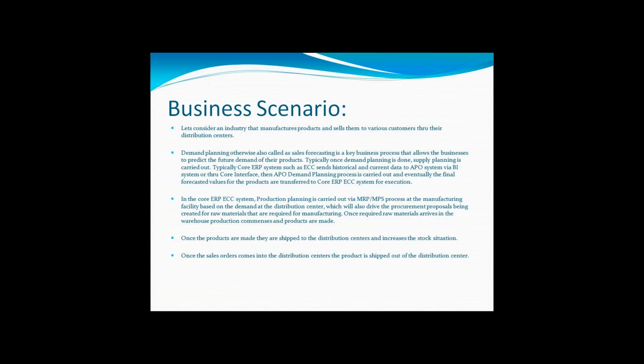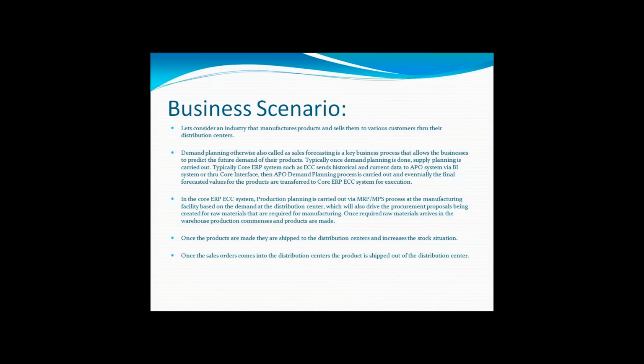So let's take a business scenario here. Let's consider an industry that manufactures products and sells them to various customers through the distribution center. Demand planning, or forecasting, is a key business process that allows the business to predict the future demand of the products. Typically, once demand planning is done, supply planning is carried out. And then eventually the demand plan is fed into the core ERP ECC system for execution.